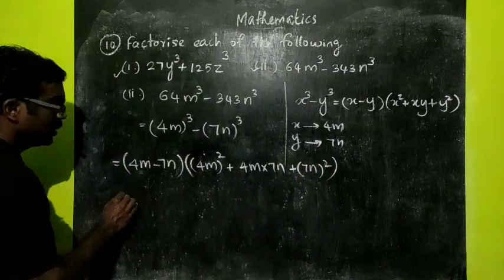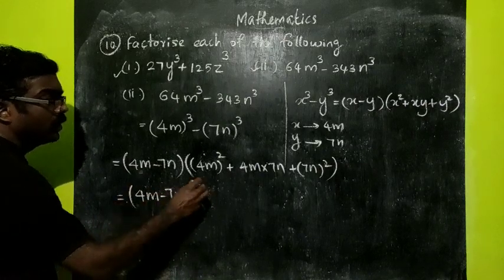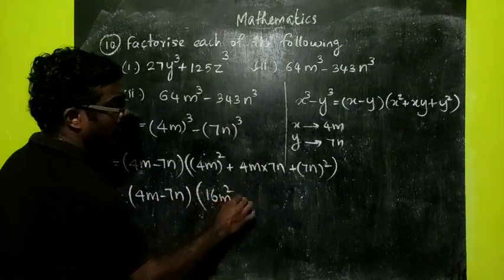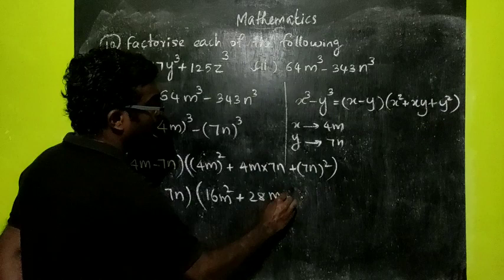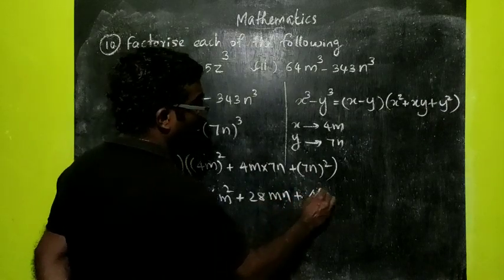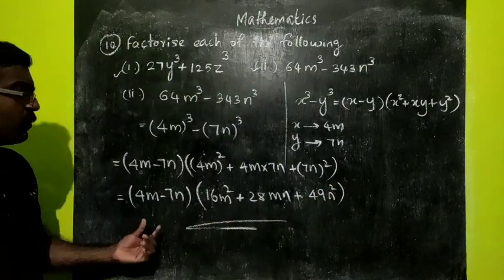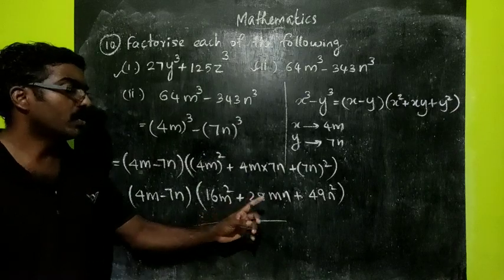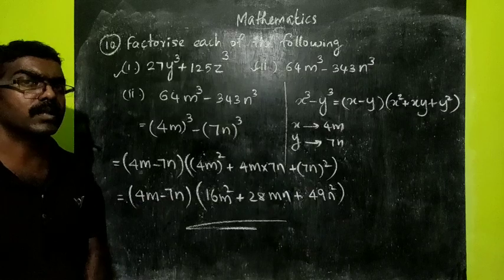Which is equal to 4m minus 7n into 4m the whole square, 4 square is 16, 16m square, then plus 4m into 7n, 28mn, then plus 7n the whole square, 49n square. So the final answer is 4m minus 7n into 16m square plus 28mn plus 49n square. Understood?